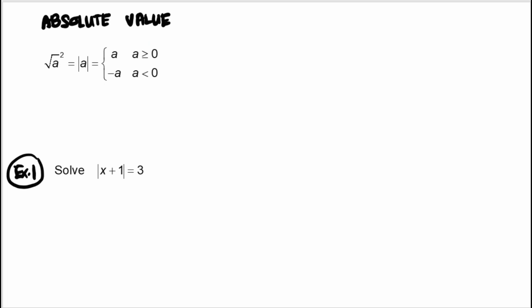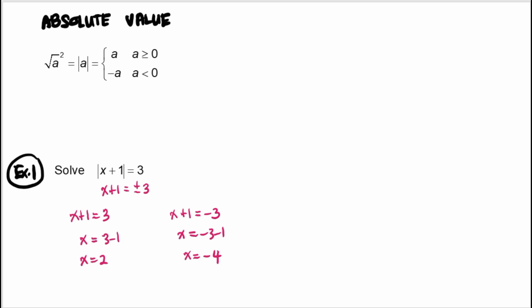Let's look at this example. When we have the modulus, to remove that modulus we need to have the plus and minus. Therefore x plus 1 is equal to plus minus 3. So we have x plus 1 equal to 3, and another one, x plus 1 equal to negative 3. Solving this, x equals 3 minus 1, so x equals 2, and x equals negative 3 minus 1, therefore x equals negative 4. Easy, right?